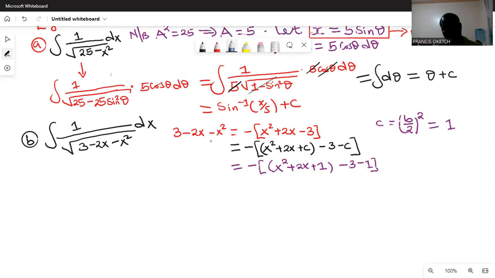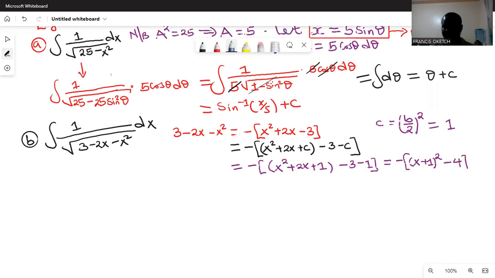If you simplify, you get negative, look at the first bracket. The first bracket you can factorize, so that's the same as (x plus 1) squared. You know how to factorize. x plus 1 squared is what will give us what we have in the first bracket. So x plus 1 squared, then negative 3 minus 1, that's negative 4.